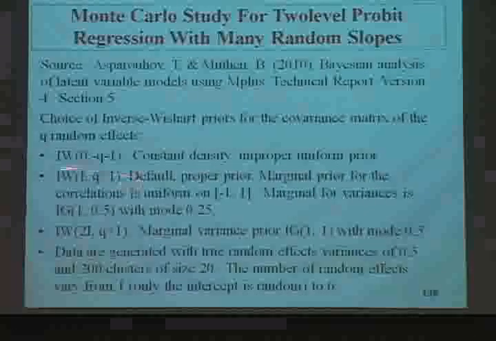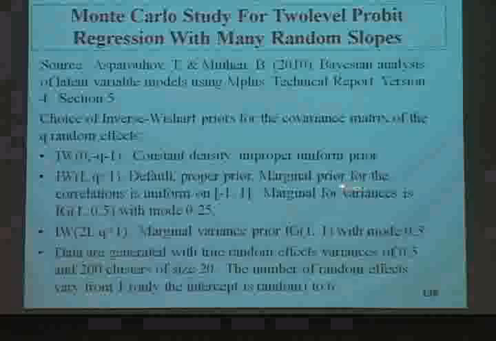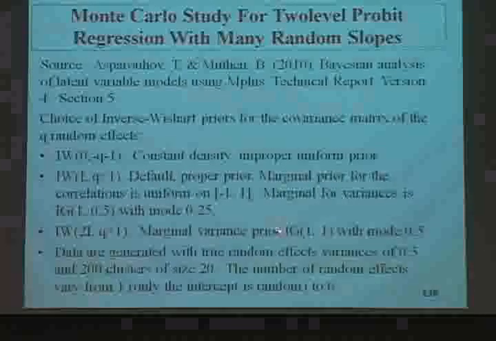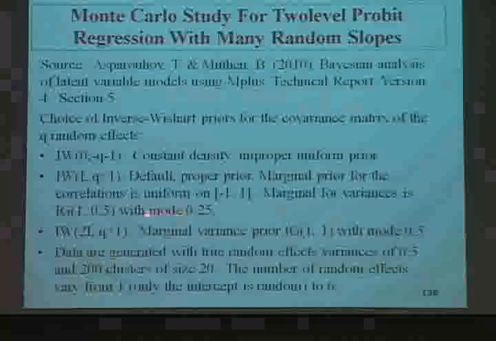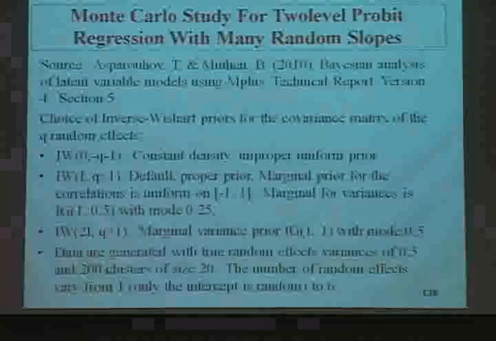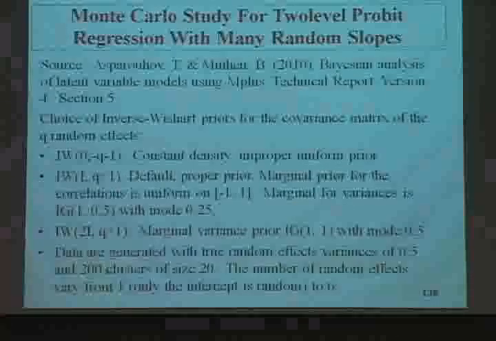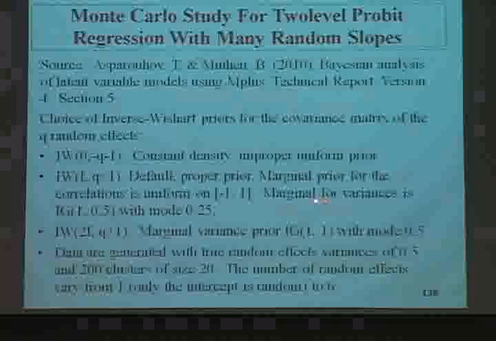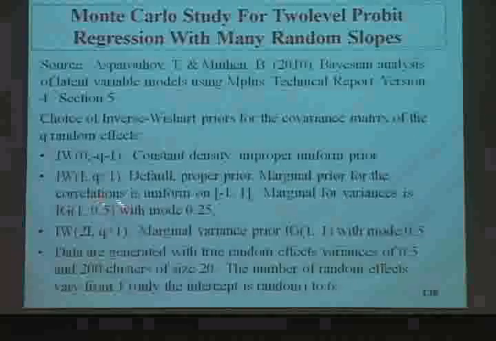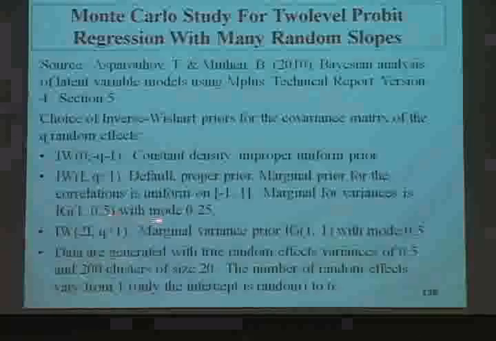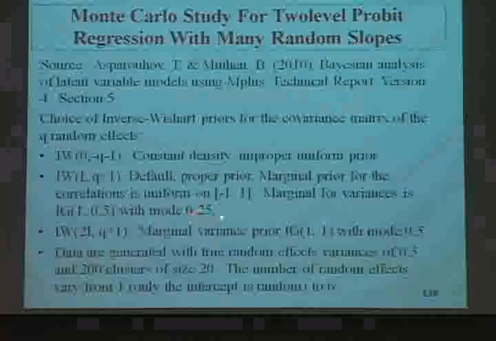The nice thing about this prior is that the marginal prior for the correlations is uniform on -1, 1. And that's a very nice thing to have. In general, you want to have an uninformative prior. The marginal for the variance is the inverse gamma with 1, 0.5, which has a mode of 0.25.